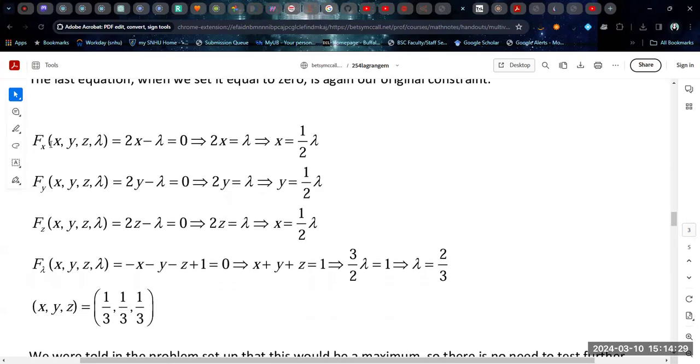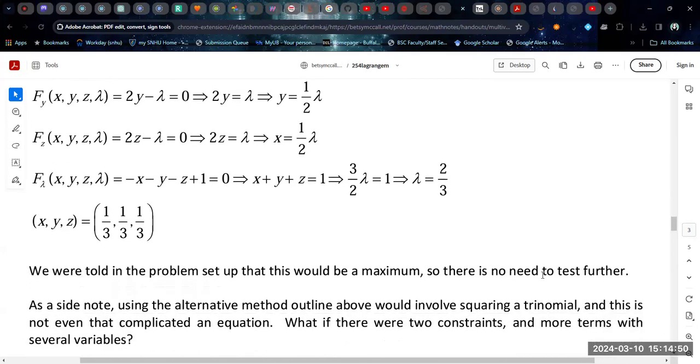So for each of these fx, fy, and fz, I'm going to solve, essentially, for lambda. So here I'm going to get, oh, this should be a z. It's a typo. x is 1/2 lambda, y is 1/2 lambda, and z is 1/2 lambda. And again, I have some alternatives in terms of how I want to solve for this. In this example, what I did was I plugged in all of my x, y, and z values in terms of lambda into my constraint.